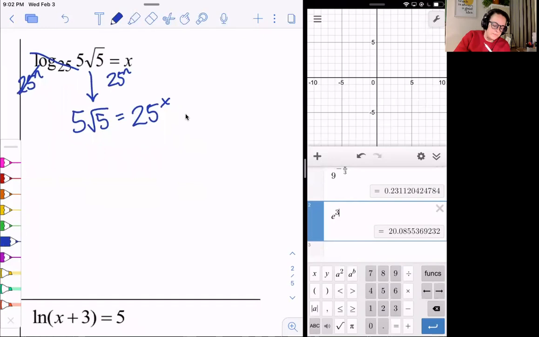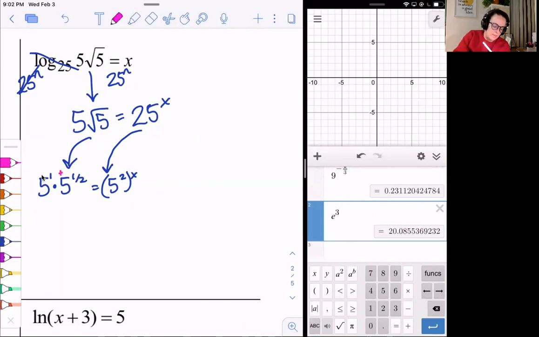The first one that I'm gonna show you is I could say, okay, 5 root 5 is the same as 5 times 5 to the 1/2. And 25 is the same as 5 squared with that x there, right? Notice I'm trying to make my bases the same here. I know this is 5 to the power of 1, and since these are being multiplied together, I know this is like 2 halves, and 1/2 would make 3 halves altogether.